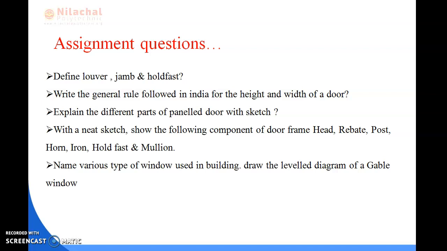With a neat sketch, show the following components of the door frame: head, rivet, post, horn, iron holdfast, and mullion. And name the various types of windows used in buildings. Draw the labelled diagram of a gable window. Okay, all these questions have already been discussed in your PPT slides.